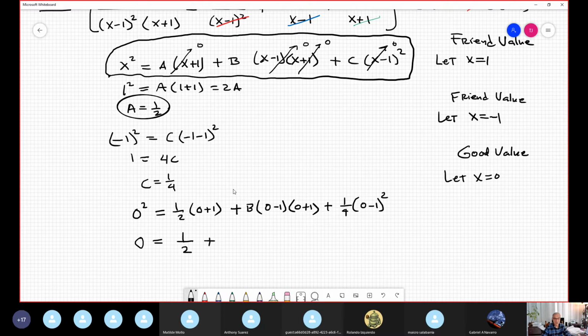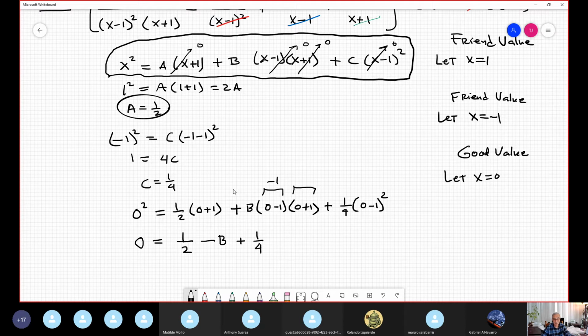This is B times something. This is negative 1 and this is positive 1, and together negative B actually. Here minus B, plus something. 0 minus 1 is negative 1, but negative 1 squared is positive 1, so 1 quarter. Okay, so in this equation, B is super easy.